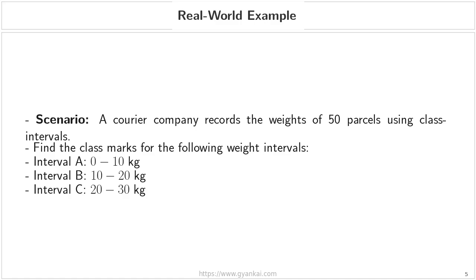First, we have interval A, which ranges from 0 to 10 kilograms. Next, we have interval B, covering 10 to 20 kilograms. And finally, we have interval C, which spans from 20 to 30 kilograms. In the next few slides, we will walk through the step-by-step calculation for each of these intervals to see how we arrive at their respective midpoints.